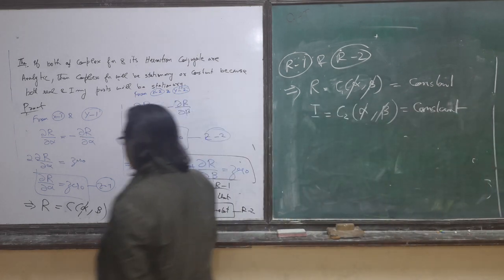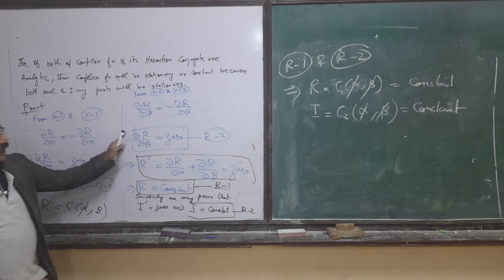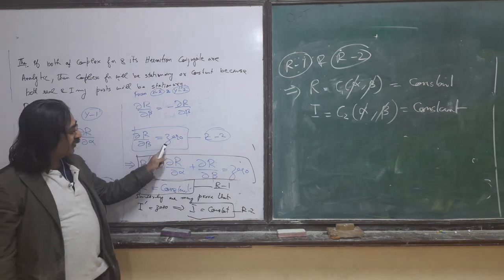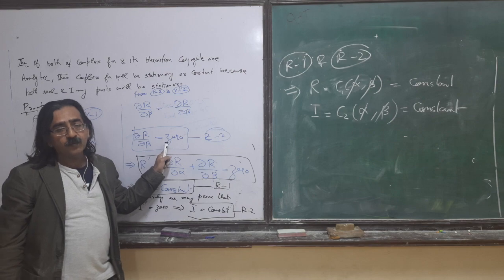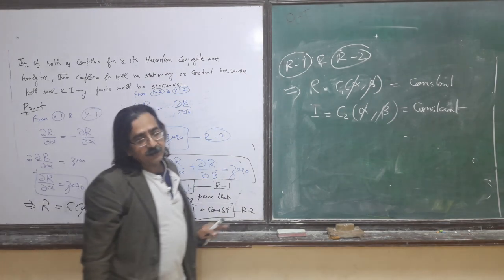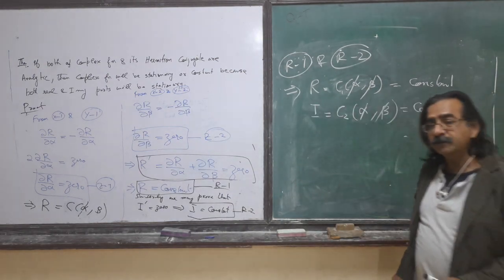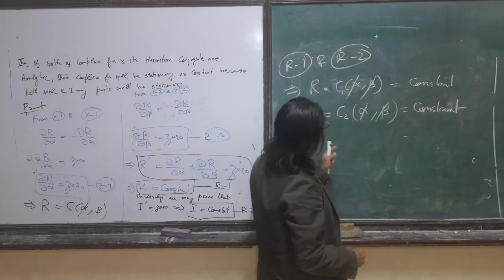Again, remember that if you integrate it, it will be constant, but only with respect to alpha. If I integrate the other one, it will also be a constant, but only with respect to beta. So if we combine both results, then that will be constant with respect to alpha as well as beta. There are different ways to write this.